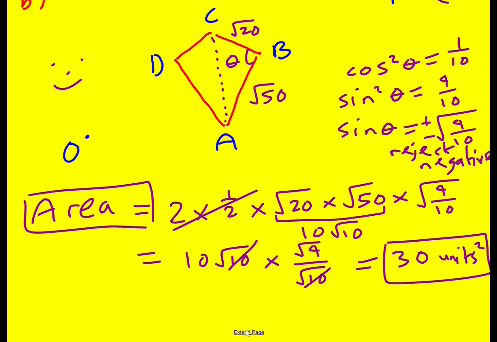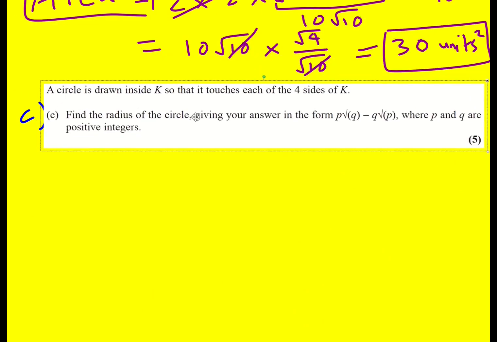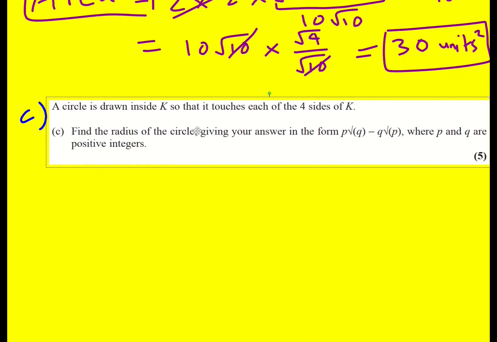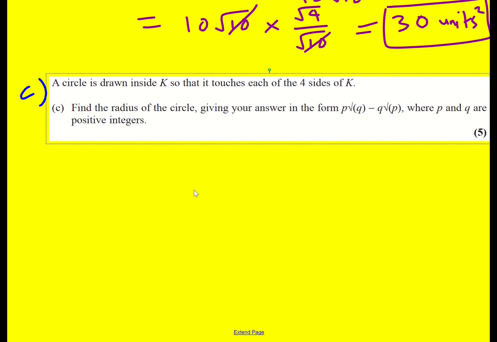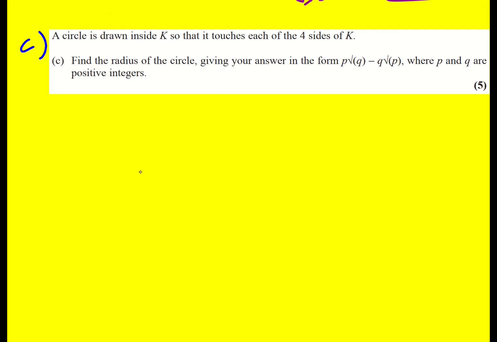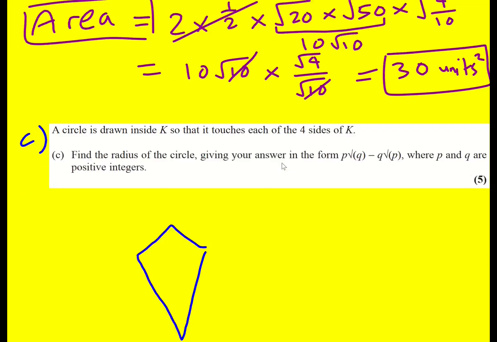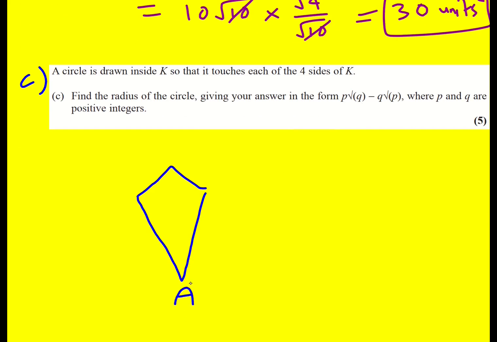The challenge, however, is about to arise, in my opinion. C. A circle is drawn inside K so that it touches each of the four sides of K. So I'm going to start this off with a diagram. Same sort of orientation, and I'll label it A, B, C, D in the same way.